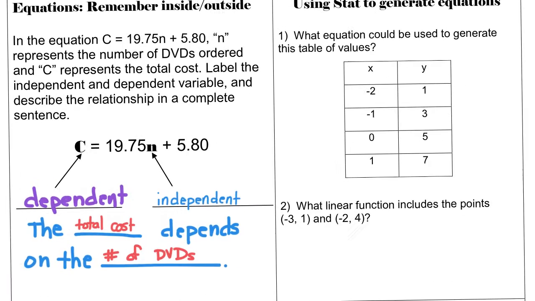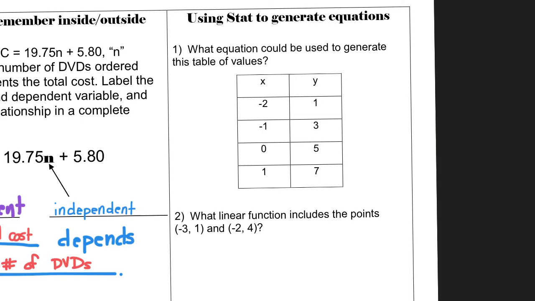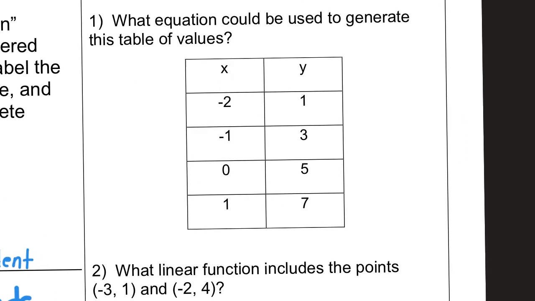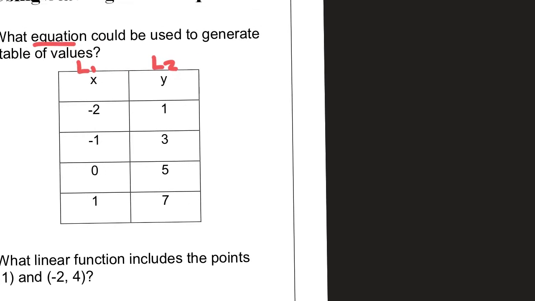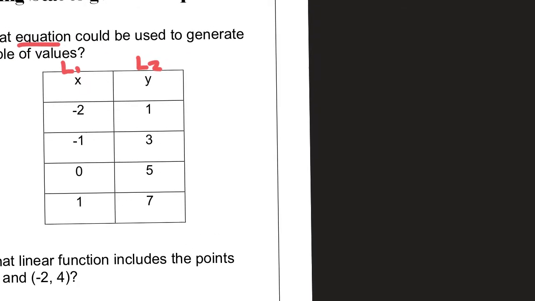Now let's turn our attention to using stat to generate equations. Remember that you can use the stat function and you'll place the x values in L1 and the y values in L2. If we're looking for an equation to generate this table of values, you'll put it into your stat function.